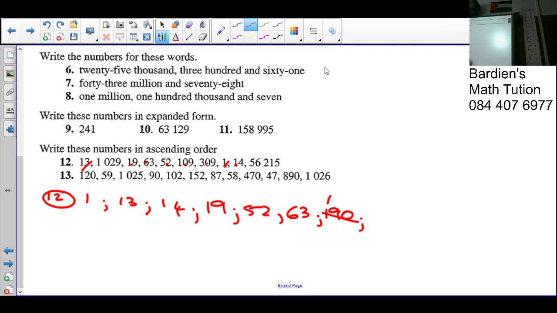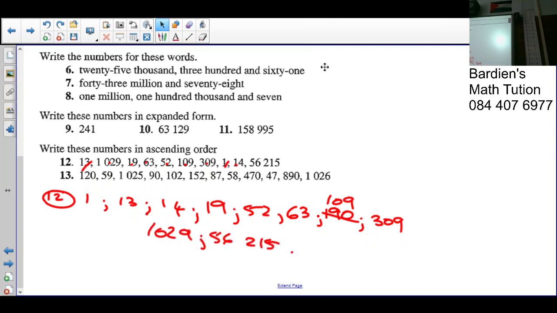There's 109 and 9. 309. 1029. 56,250. Any confusion here? You all okay with this?